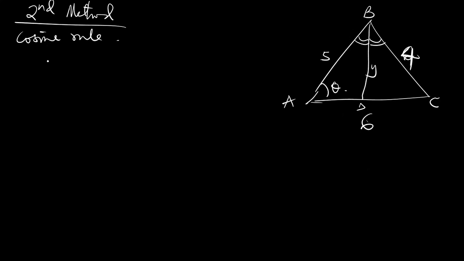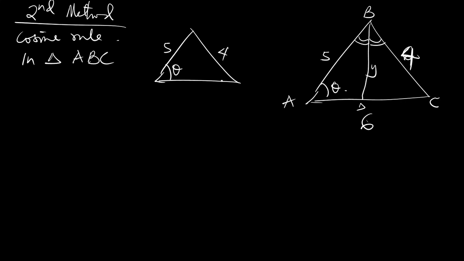In triangle ABC, let me draw the triangle ABC. You have here is theta, here is 5, here is 4, here is 6, and you have A, B, C. Here is your A, this side is your C, this is your B.